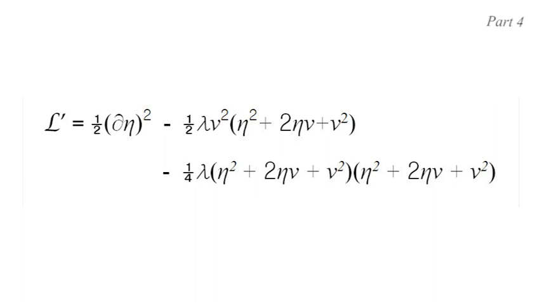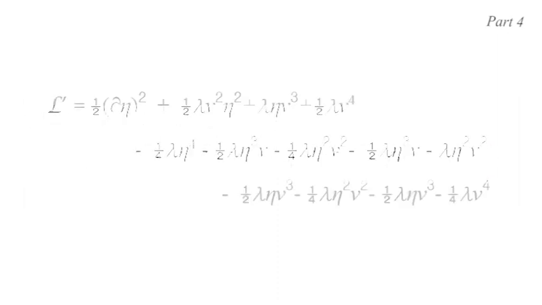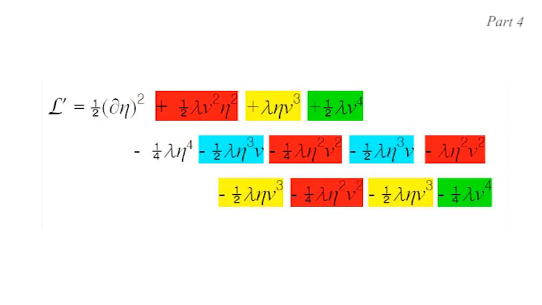Multiplying out those terms gives something that looks a bit more complicated, which expanding the last bracket gives something even more complicated. However, even though it looks very messy, if I highlight some of the similar terms, if you look carefully at this, you should see that the yellows disappear, the greens are constant, and therefore we could ignore them in the Lagrangian.